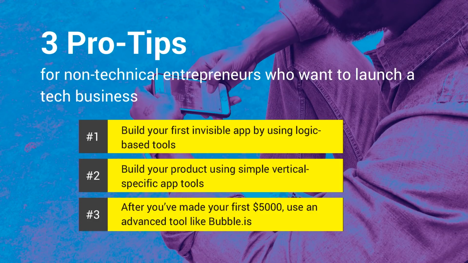So if you're building a social network, there's tools out there for you. If you're building a database-heavy product, there's tools out there for you. You just have to look for them. Don't sit on your hands and say, I can't code or I can't find a developer, so I can't move forward. And number three, after you've made your first $5,000 or so, use an advanced tool like bubble.is. You can integrate APIs. You can do all sorts of things with that tool.